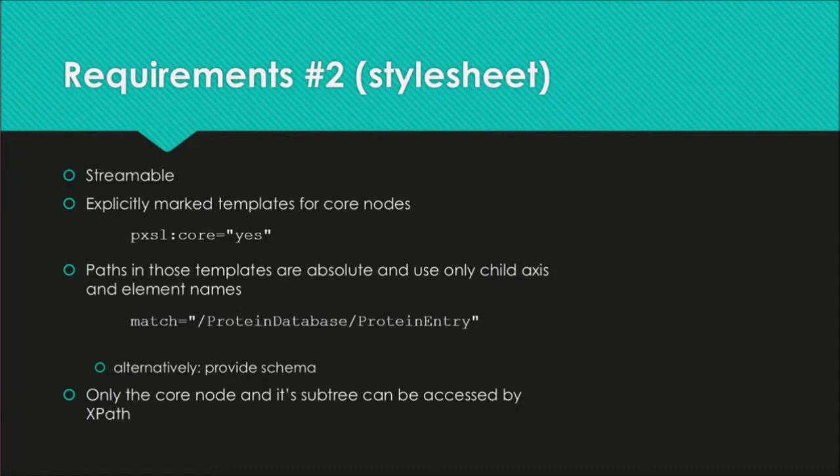And so why is there this limitation? Because when the processor starts somewhere in the middle of the document, it has to know where it is. Basically, it has to know the path to the root.